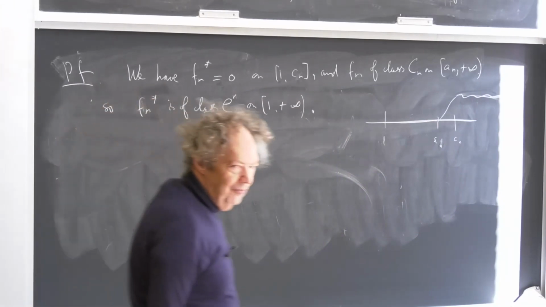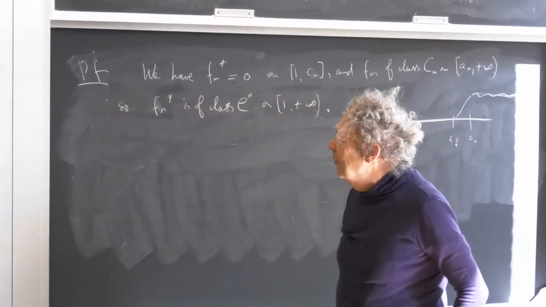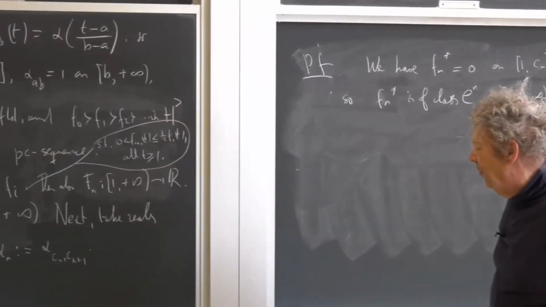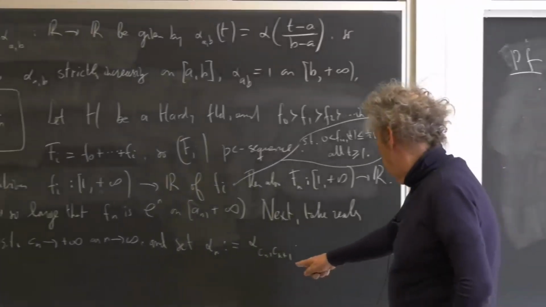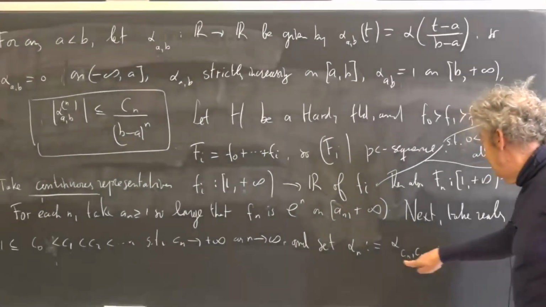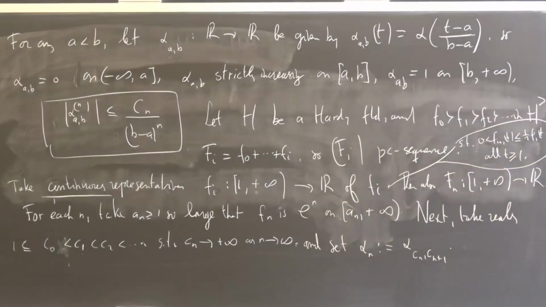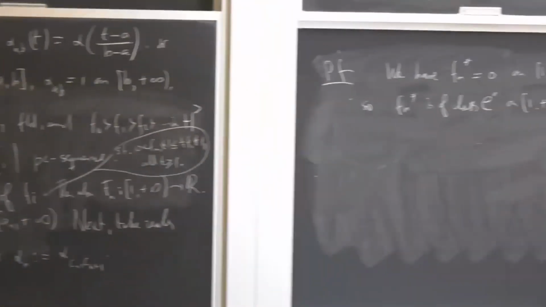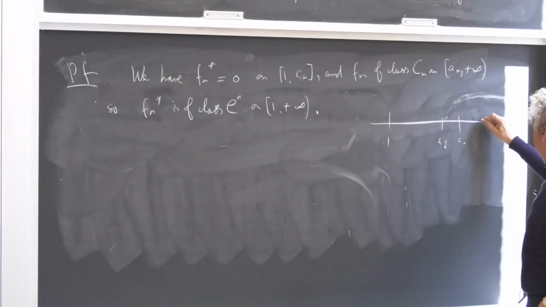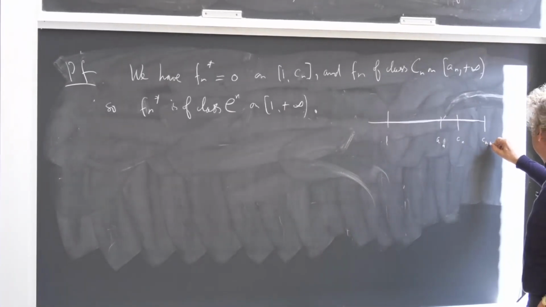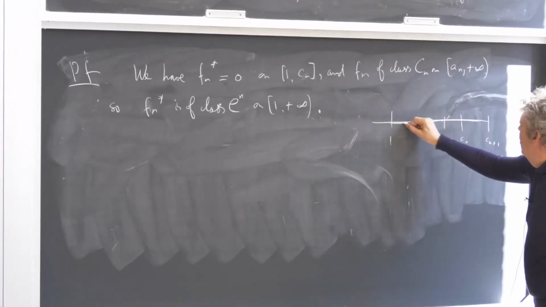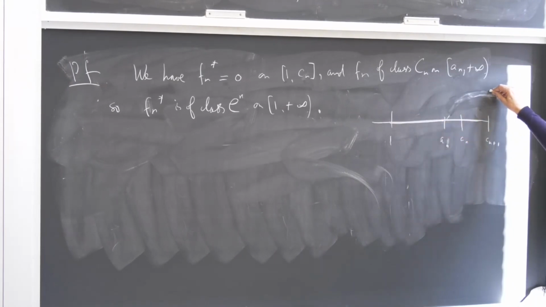Yes, you pick alpha n from An to Cn. Yeah, you're right. So it's okay here, and it's okay there.